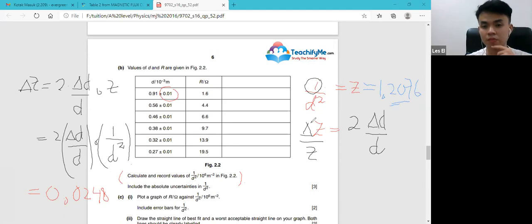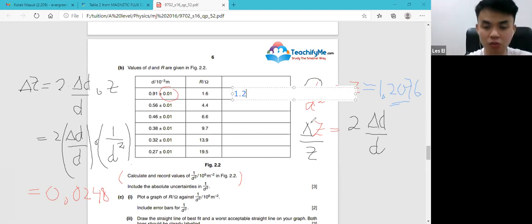No. Okay. How many significant figures are there? Your d is 2 significant figures, right? 0.91, right? So can you write the final answer as 1.2076? You should have written it in two significant figures too.